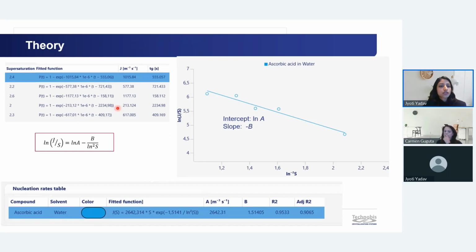After calculating the nucleation rate J and growth time tg at different supersaturations, and then using classical nucleation theory, which is plotted here, from the plot we calculate the kinetic parameter A and the thermodynamic parameter B. So all of this is done by the Crystal16 instrument, the latest version, where it uses automatic calculations to give these parameters.